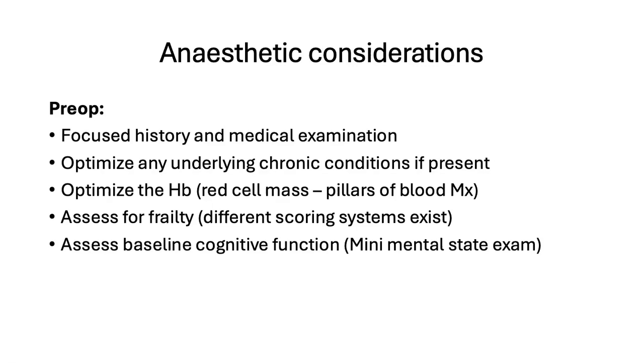And with the chronic conditions comes the medications. So that's a very important thing. Most of the time, elderly patients might have polypharmacy, and you need to take the time to go through each and every drug that the patient is on. And if you do not know the drug, you need to look it up and find out how that particular drug may potentially interfere with your anesthetic drugs and the patient's condition perioperatively.